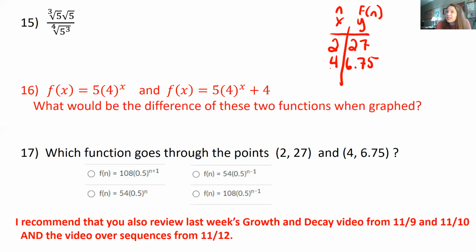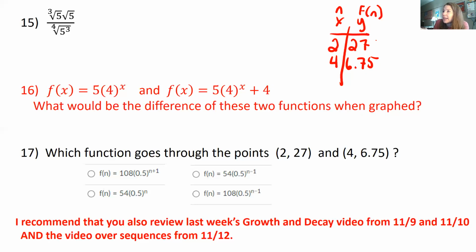So we're simply going to take these numbers in the n value and plug them into this n right here. So let's use our calculator and multiply 108 times 0.5 raised to the, so if n is 2, 2 plus 1, we would raise that to the 3rd power, and I get 13.5.